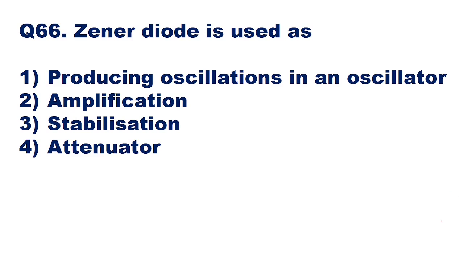And in reverse bias condition, if we observe, the graph was like this. If you are speaking about the reverse bias condition, we can draw the graph in the third quadrant, where the voltage across the Zener diode is negative, and the current flowing through it also is negative.